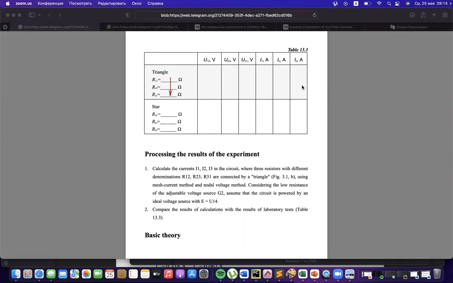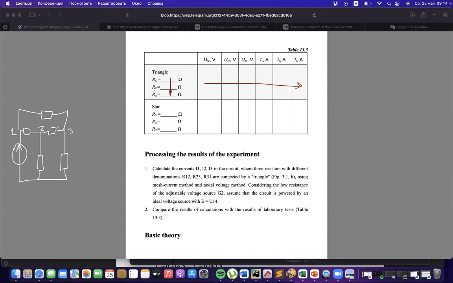Also, when you have a triangle, you can calculate all these values theoretically, just because you have a circle with all values. Here it is, points 1, 2, 3.